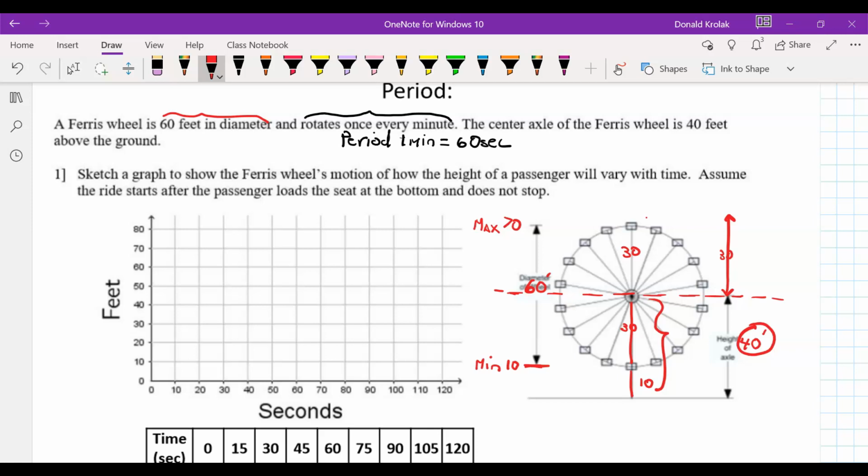So our mid is 40. So the mid and the axle are going to be the same. That's always going to be the midpoint.